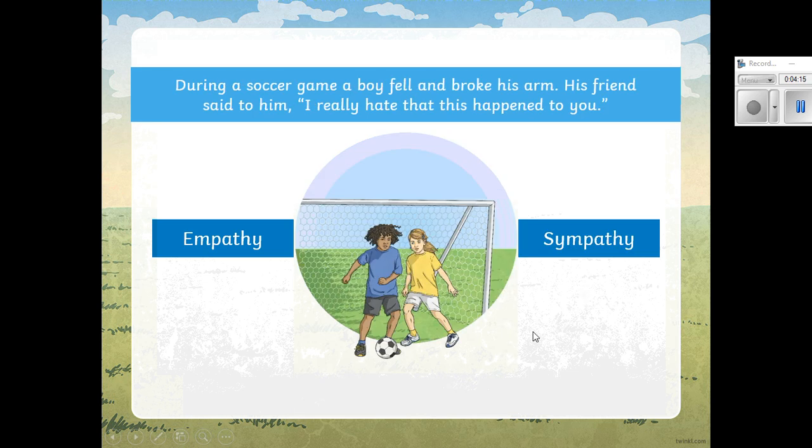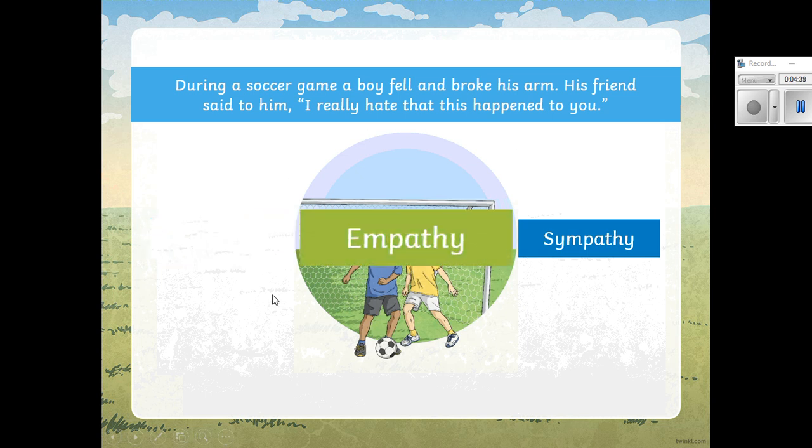Okay, during a soccer game, a boy fell and broke his arm. His friend said to him, I really hate that this has happened to you. What do you think there? Empathy or sympathy? Not so much feeling sorry, maybe empathy.